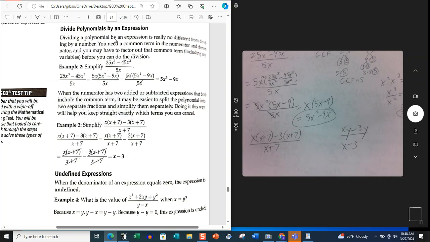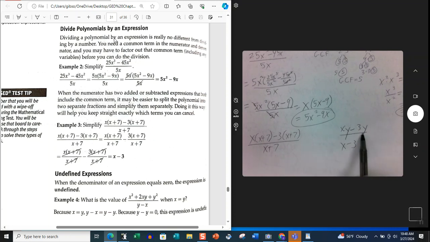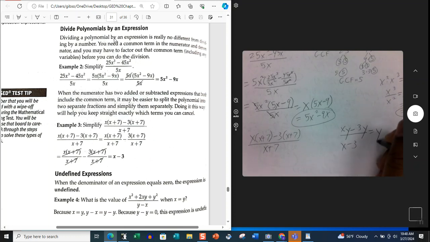Let's just do it like that. xy minus 3y. With these terms, remember what I told you before. If they have the same variable with the same base, then you take the one with the lowest exponent. Both of these have the same exponent, right? So that means we would factor out the y.